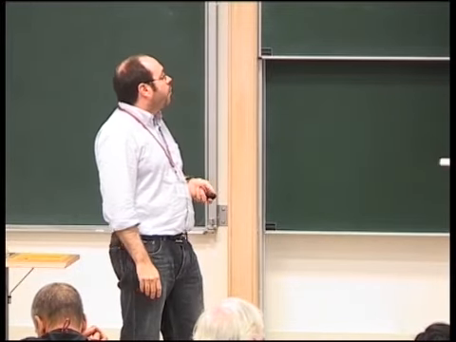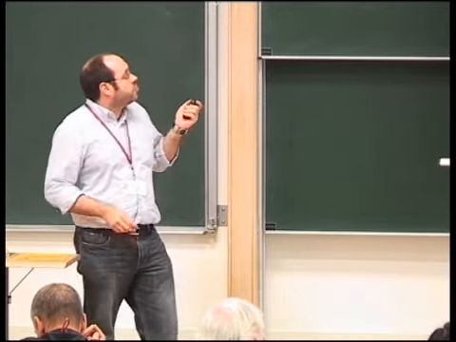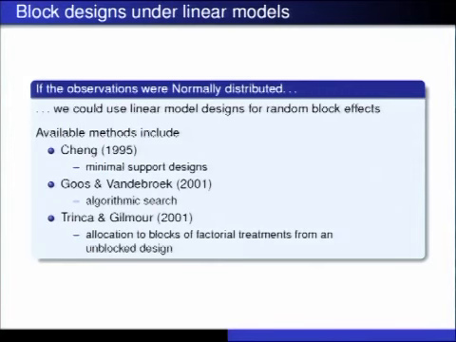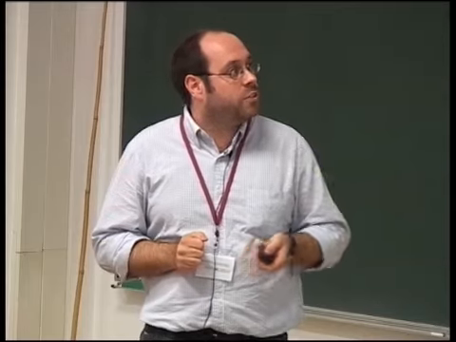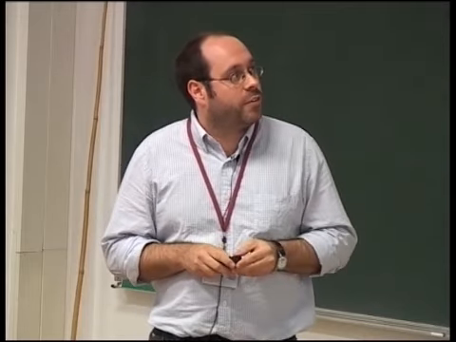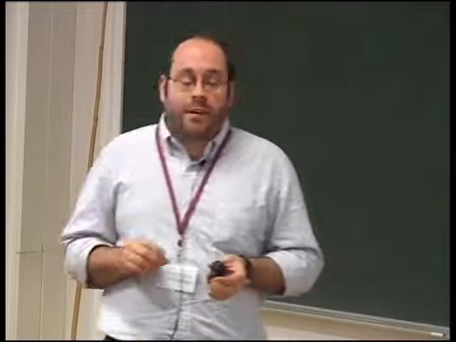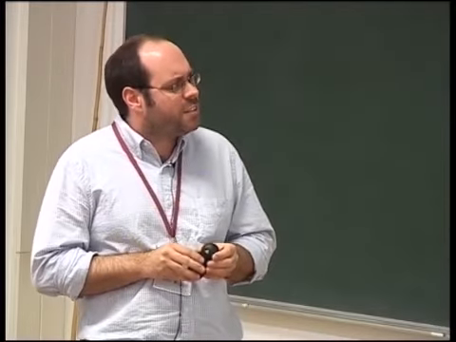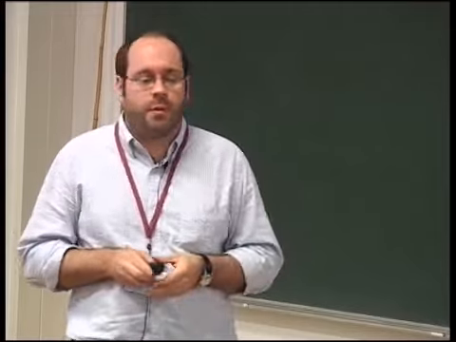The kind of methods we might look at would be the approach that Cheng suggested, where we restricted the number of distinct treatments to the number of parameters in the model. The kind of algorithmic search ideas that Huss and Vanderbroek worked on and Steve talked about earlier, and also Trinker and Gilmore's paper, for instance, on allocating a factorial design for the factorial treatments to blocks optimally.